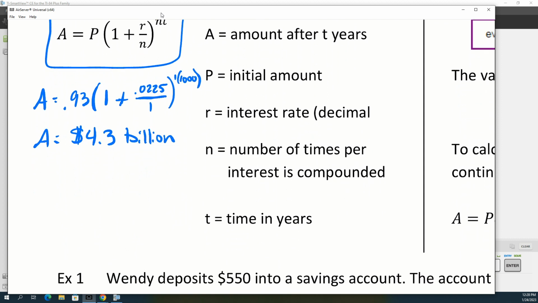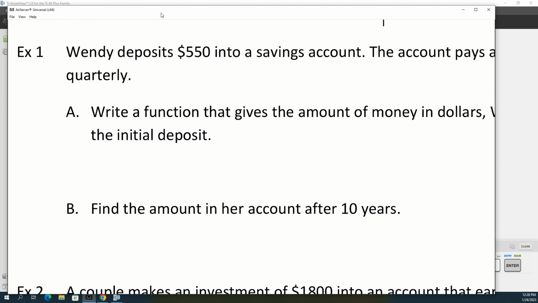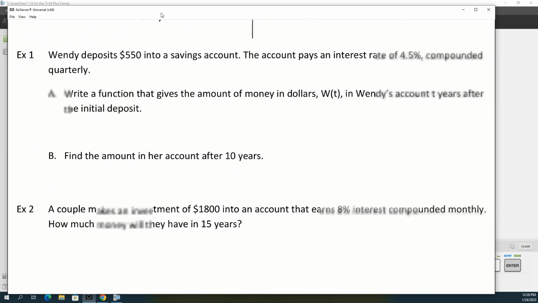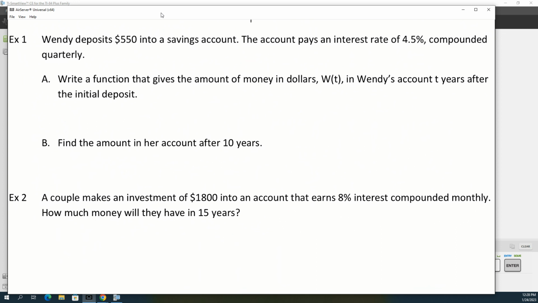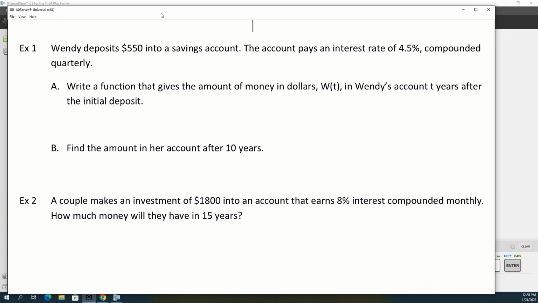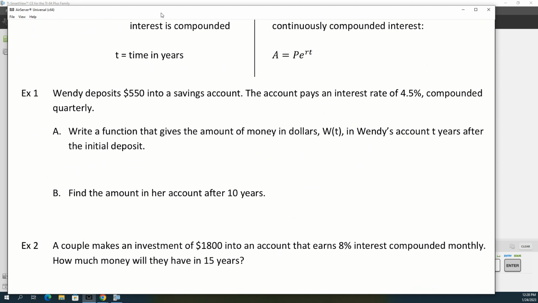All right, so on example 1, Wendy deposits $550 into a savings account, and the account pays an interest of 4.5% compounded quarterly. So P is going to be this 550.